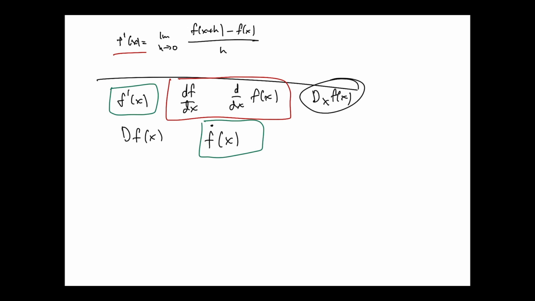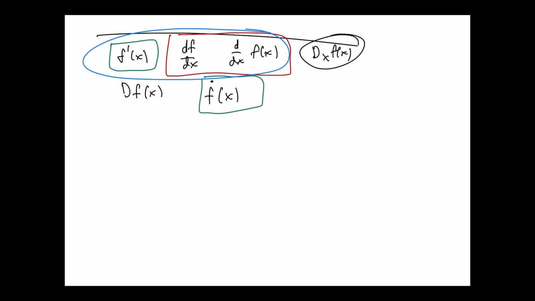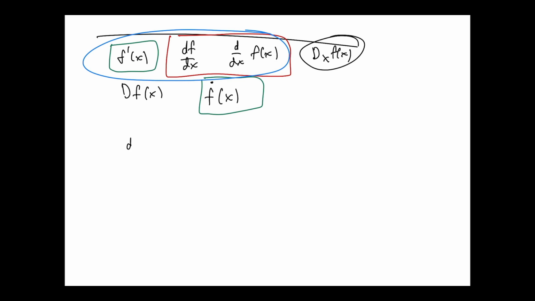I'm probably going to be using one of those three, and I switch between them based on the context of what I'm trying to do. It'll make sense which one we use when we get there.